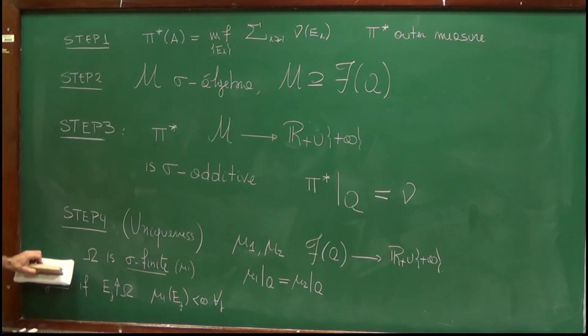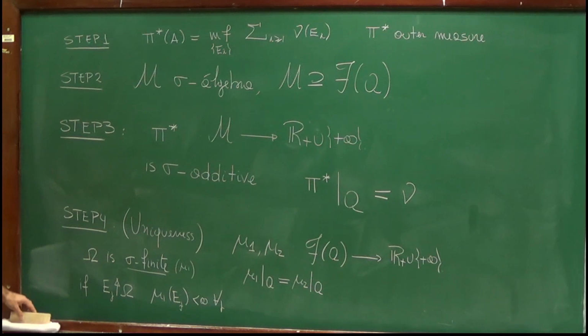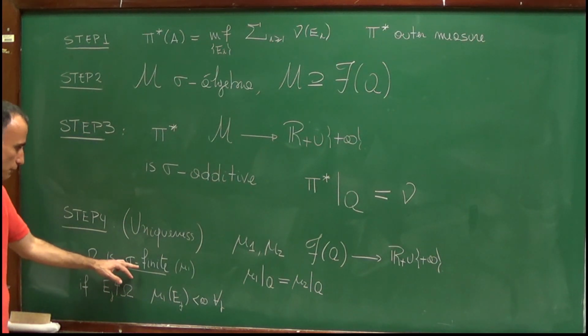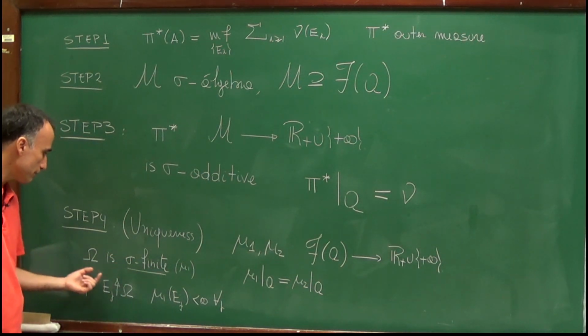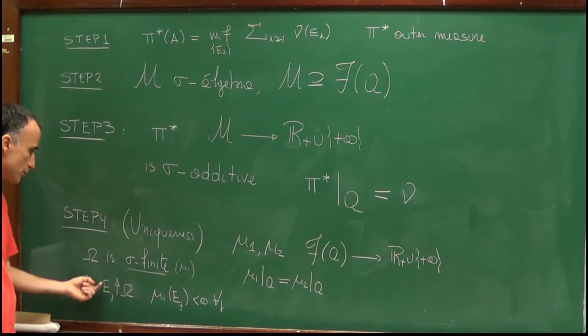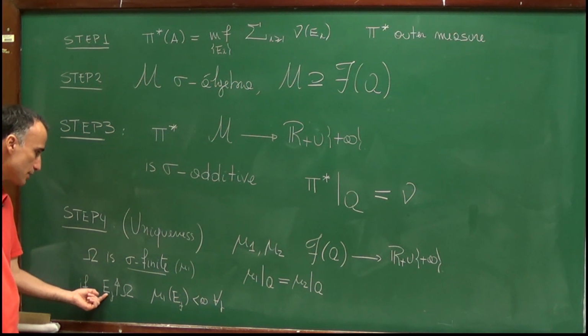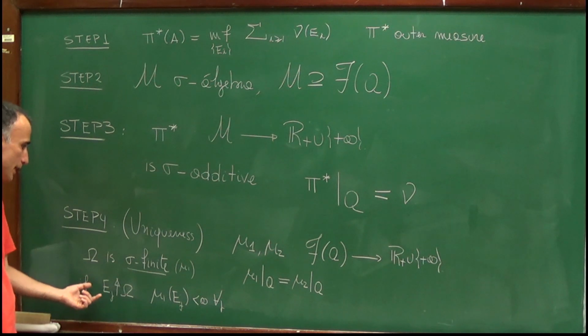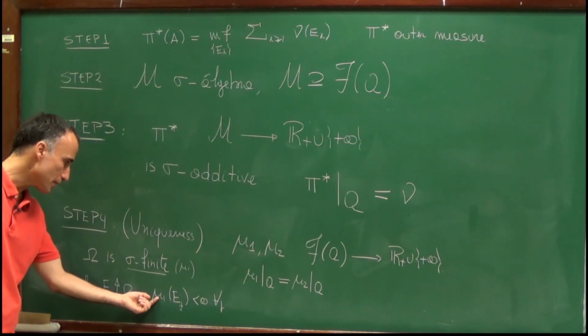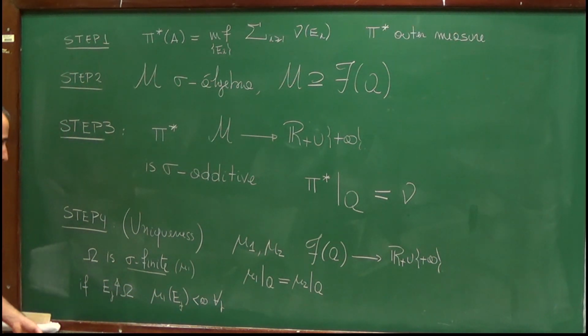So the definition doesn't require ej to be an element of the algebra. The definition of sigma finiteness of a set omega just requires the existence of these sets ej in the sigma algebra in which mu1 is defined.